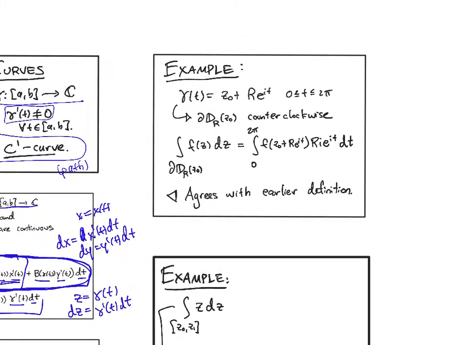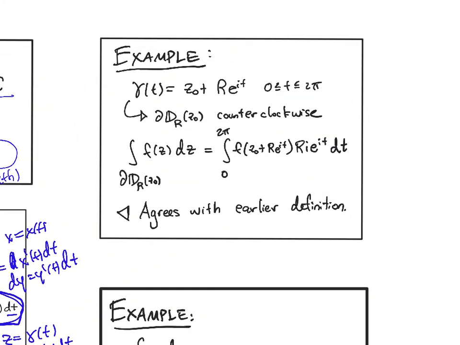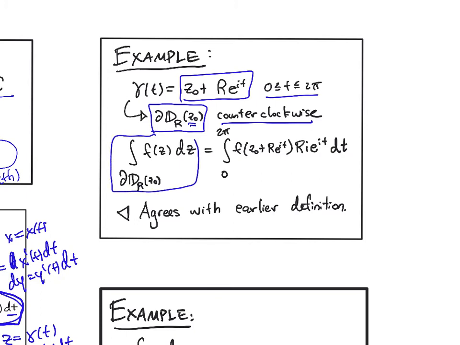So this first example will just be something that we already basically learned about on the go, which is integrating functions on a circle. So this will be a way of parametrizing the circle of radius r centered at z0 counterclockwise. So I have t going from 0 to 2 pi. And so an integral of a continuous function f that's defined on this circle will be equal to this Riemann integral.